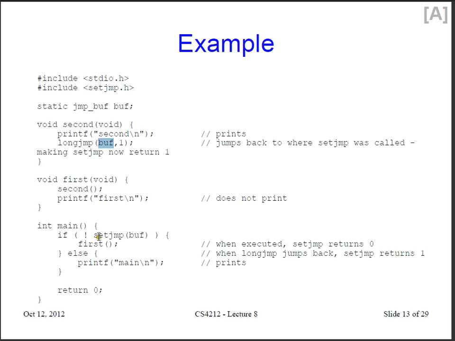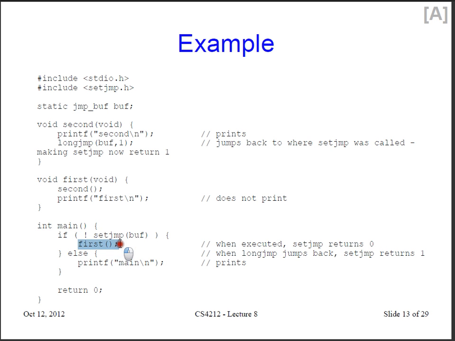And the call to setjmp always returns 0. So the value returned is 0, and because we're negating, this will evaluate to true in the first call. In the call to setjmp, it will always evaluate to true.